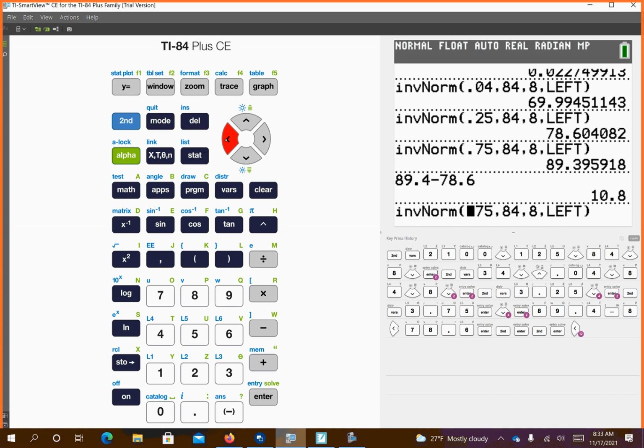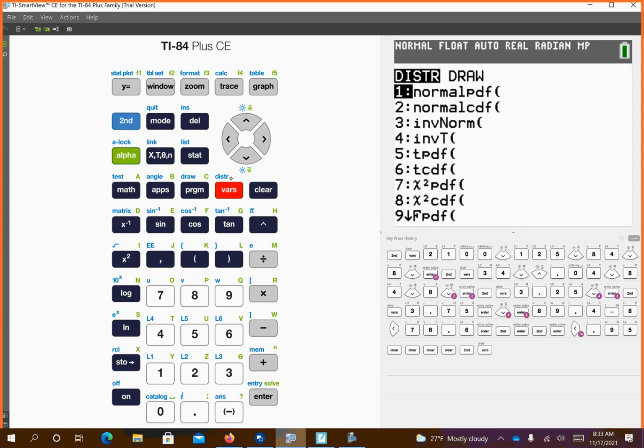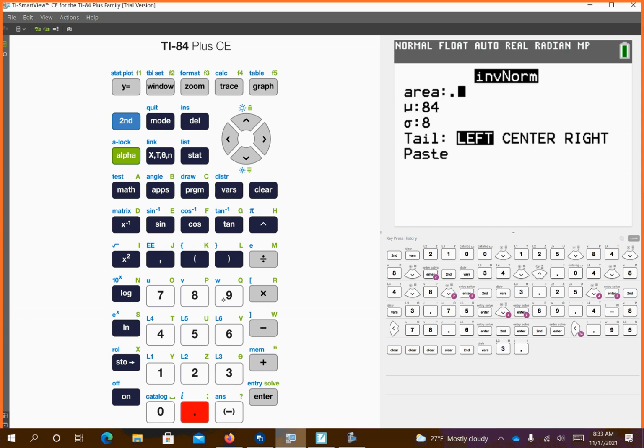So 95th is 0.95. Clear, I gotta get rid of that. All right, so inverse norm, number 3. 95th percentile is 0.95. They told us.